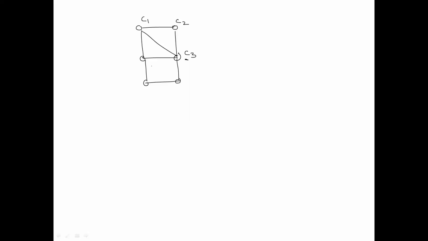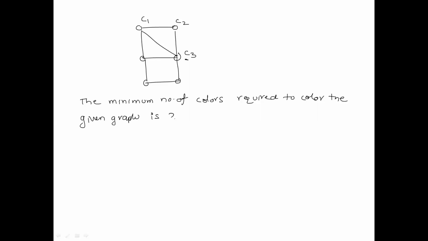So if you observe carefully, the minimum number of colors required to color the given graph is 3.